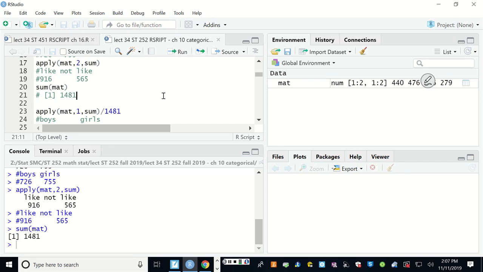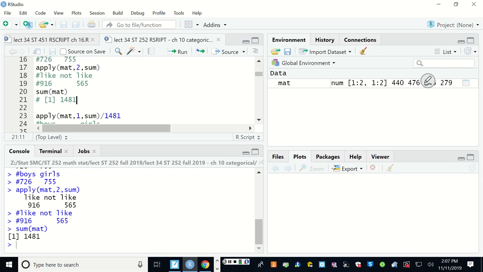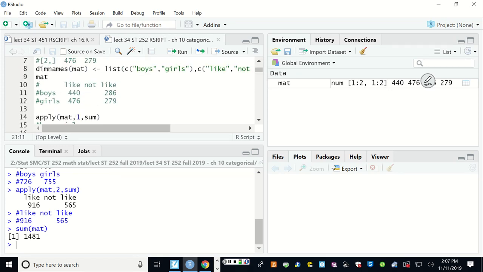So once we have these, if you had to estimate the proportions in each category, just based on the data, you're going to take each of these numbers, just divide by 1481. And that's just the observed proportions that are in each of those categories. It's not under any model, that's just the data.